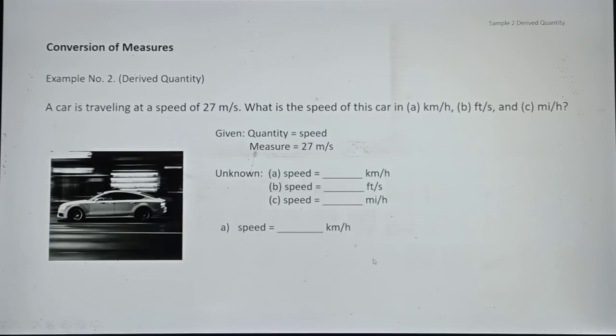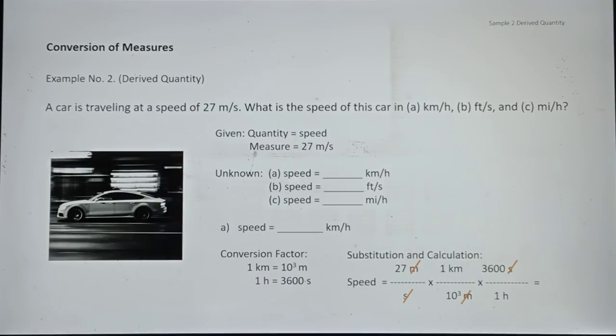So in letter A, the car's speed in kilometers per hour is the required or the unknown. Between the given speed of 27 meters per second and the unknown kilometers per hour, the conversion factors needed are 1 kilometer equals 10 to the third power meters and 1 hour equals 3,600 seconds. Now substitute and calculate.